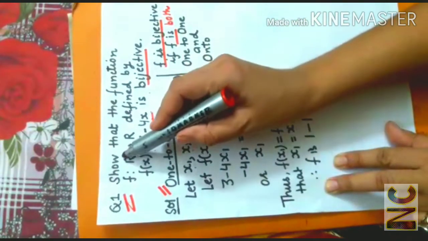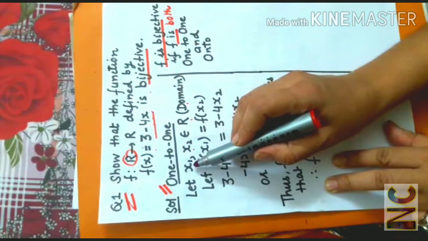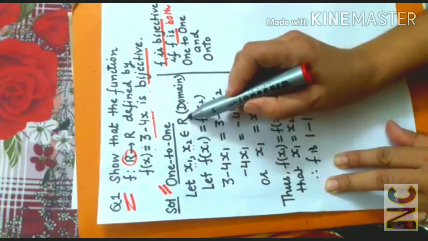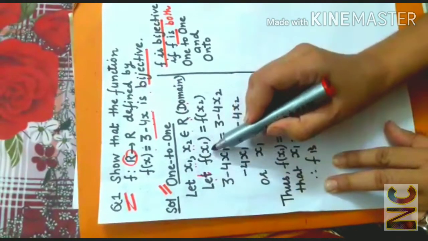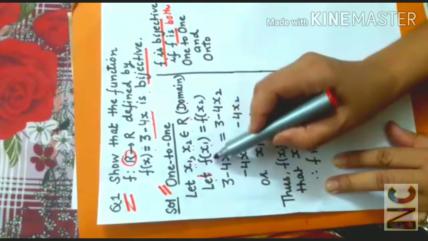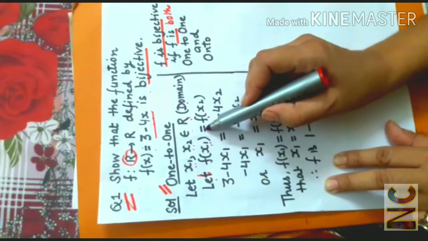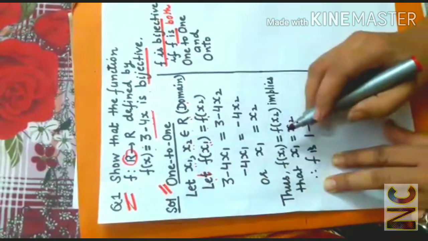In this case, the domain is R. So I take any two elements x1 and x2 in the domain, and I assume that their images are the same. So the image of x1 is f(x1), which is the same as the image of x2, which is f(x2).